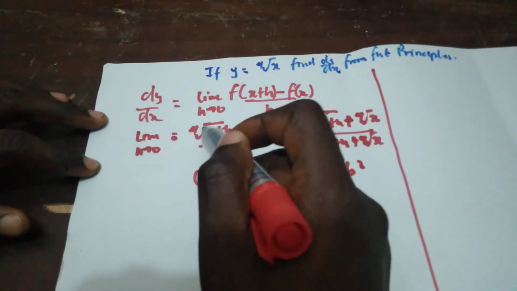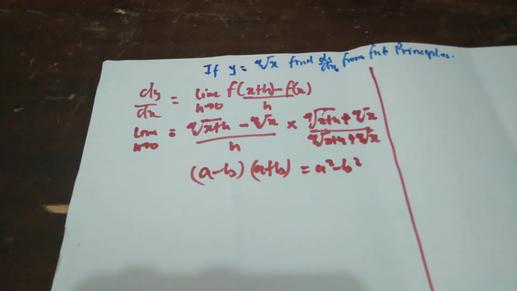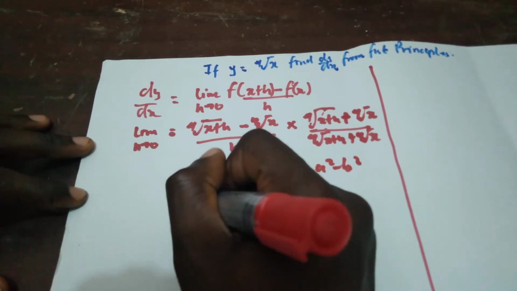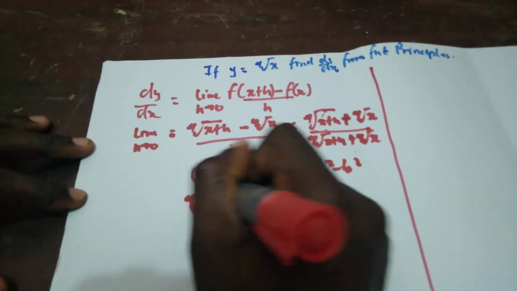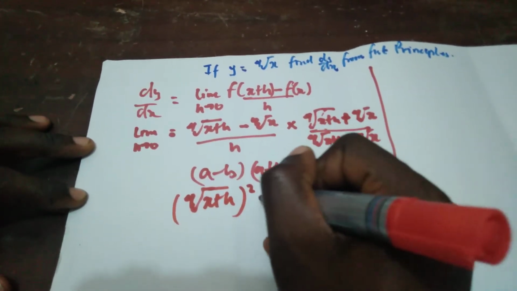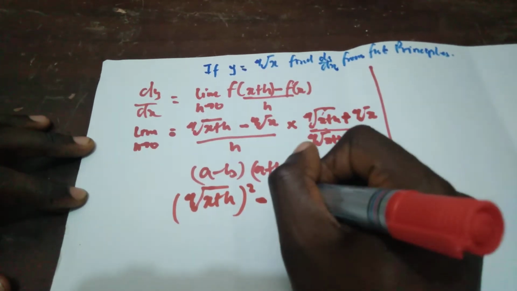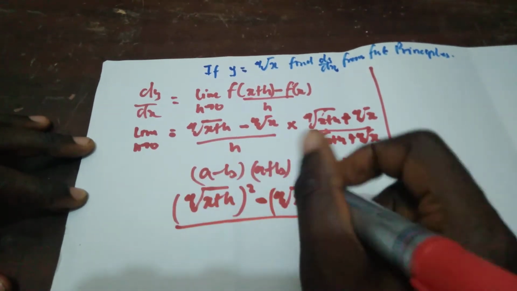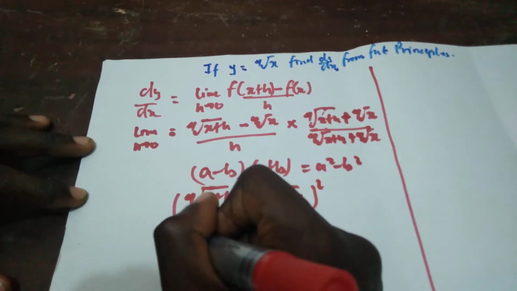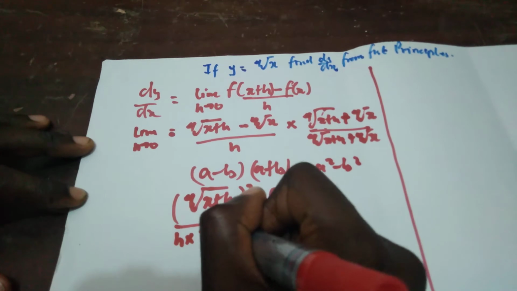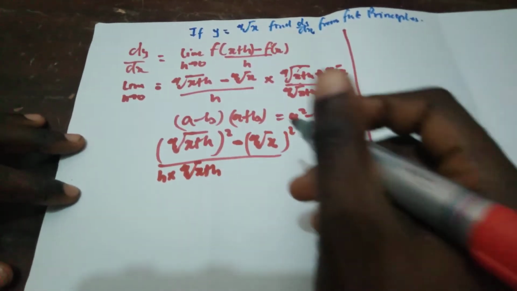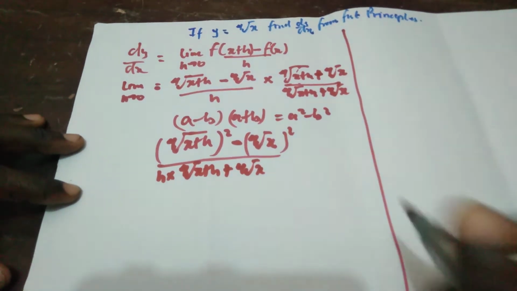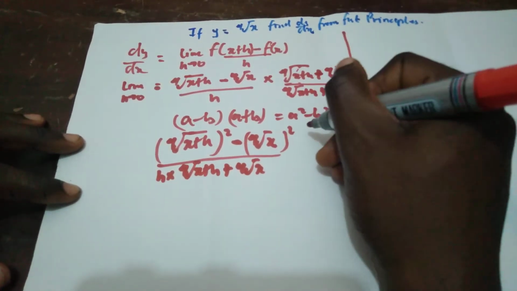So we have everything squared minus the fourth root of x all squared, all over h times the fourth root of x plus h plus the fourth root of x.